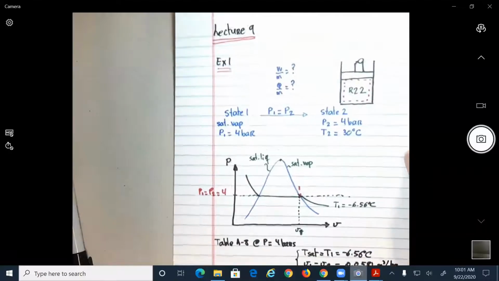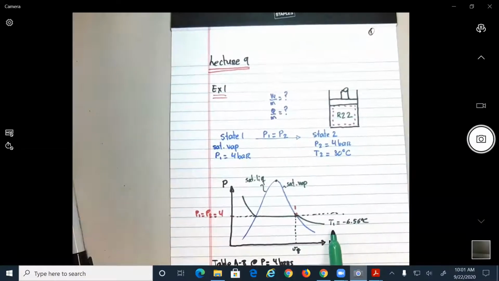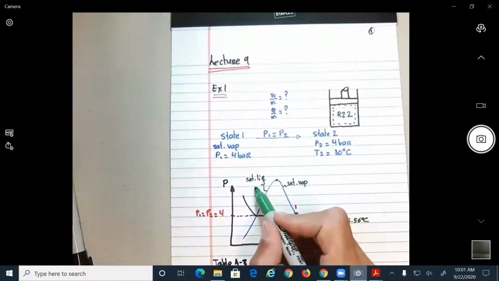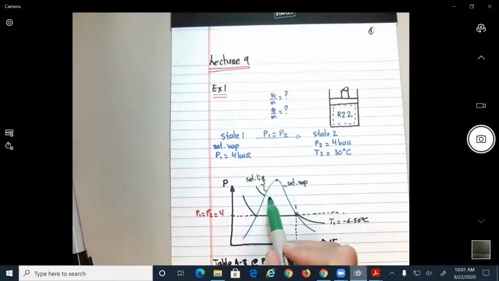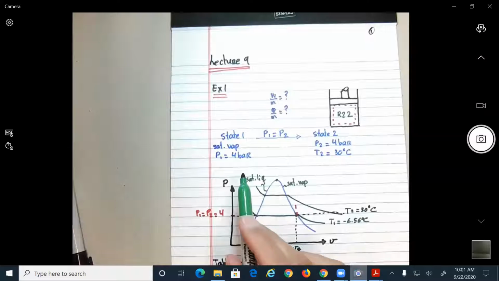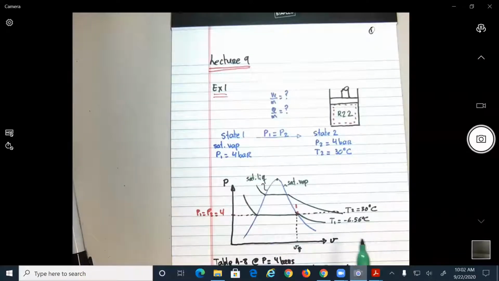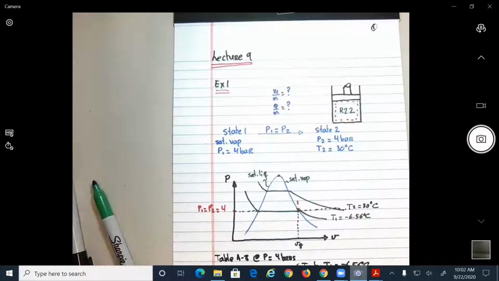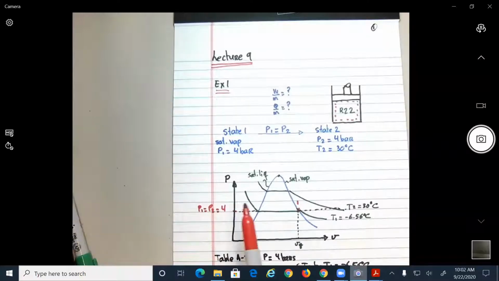So this is the line of T equal to minus 6.56. This means that now we're going to have another line here that will correspond to T2 equal to 30 degrees Celsius. This is a line of constant temperature when you do the PV diagrams. When you do the TV diagrams, it's lines of constant pressure. So what does that mean? Where is the only place where this curve is going to intersect this line?